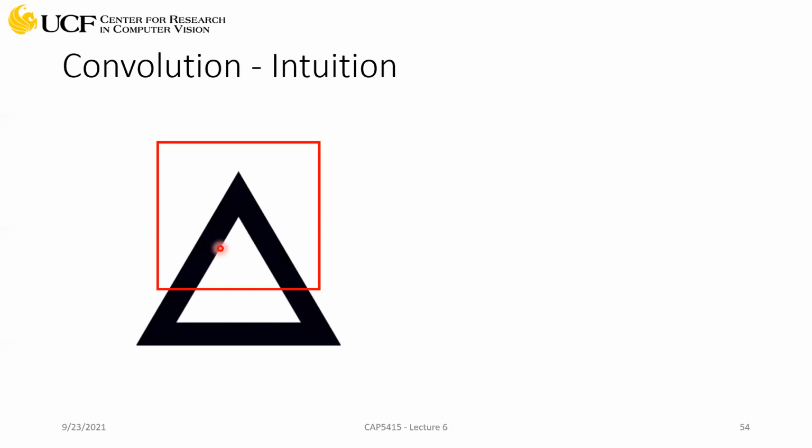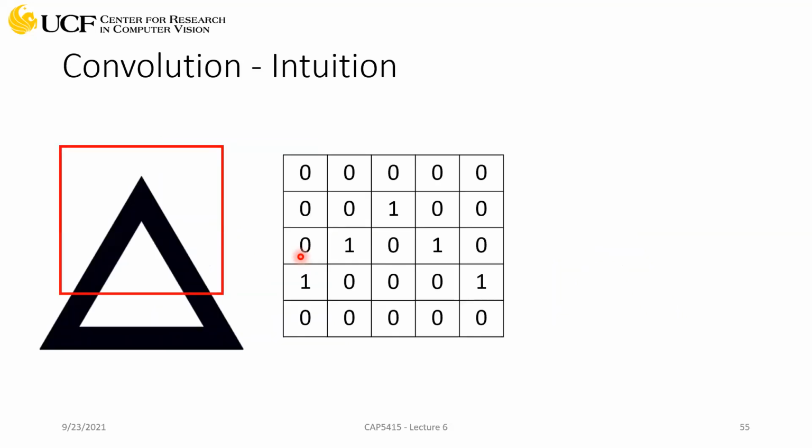Now we want to apply that filter, which I just showed you in the previous slide, at this location. So ideally what should happen? I mean, that pattern is exactly matching with this pattern, right? So we should get a very high activation. And let's try to do the maths here. So this is the kernel, right? That's the kernel. This is patched from the input image.